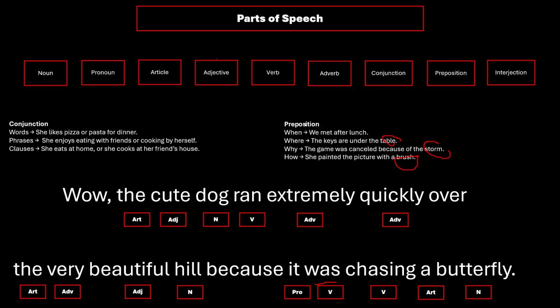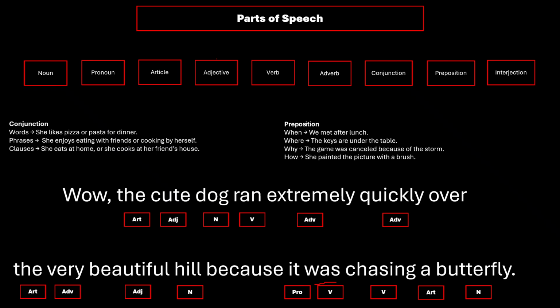Now we have three remaining words here. Try to identify them, and this is a tricky one. Why? Because some words may function either as a preposition or a conjunction, depending on how you use it and depending on what's the words after it.